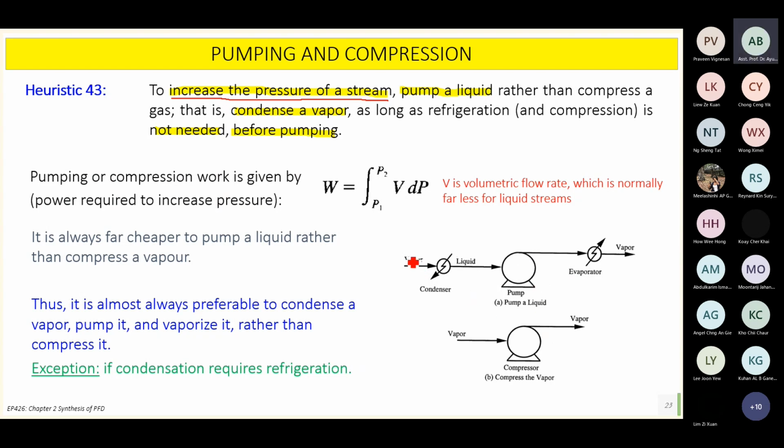Here, if you have vapor phase, condense it into liquid phase, then pump. Here it is still liquid. Then if you need your final product to be in vapor, evaporate it back.